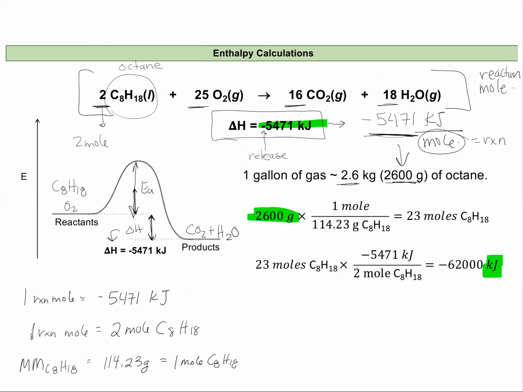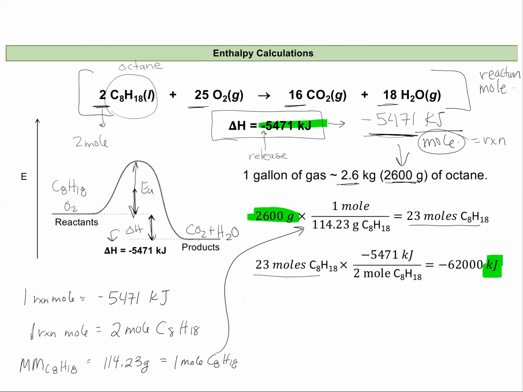So now I can calculate this. I'm going to start with my molar mass, and I'm going to use that as my first conversion factor to calculate the number of moles of octane I have. Now, once I have my moles of octane, I'm going to either build a conversion factor or do 2 separate conversions.